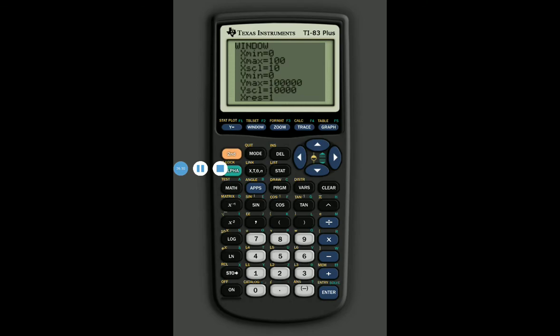My Y's, I'm going to go from 0 to 1 million and go up by 10,000. Now let's go by 100,000. Let's see if that gives us a good graph.